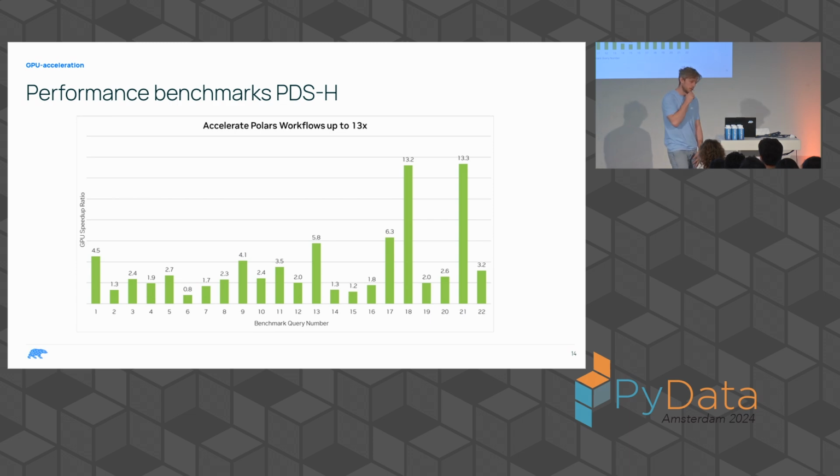So these are the results on a comparable GPU. I mean, it's always different hardware, so it's hard to compare, but there's the same costs here. So it's a very performant CPU compared to a very performant GPU.